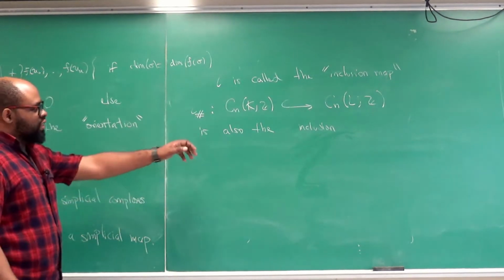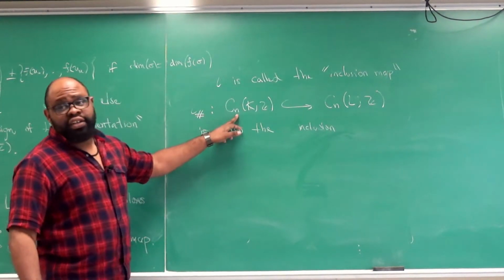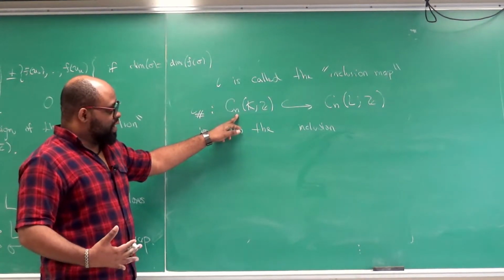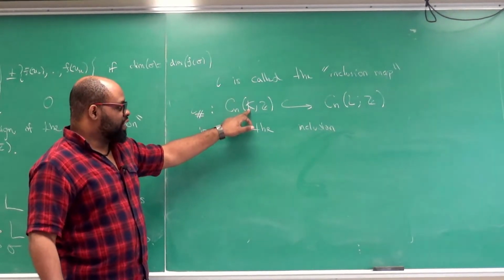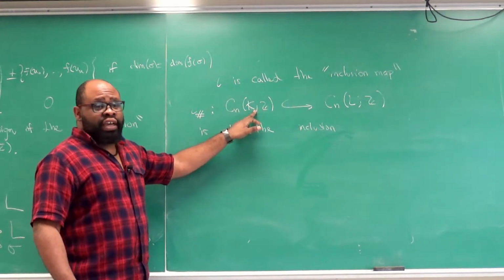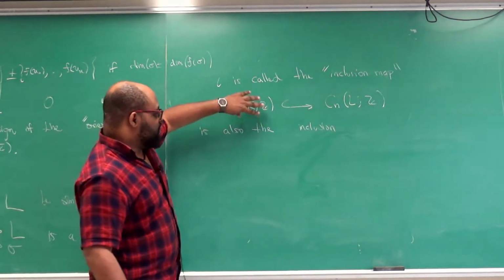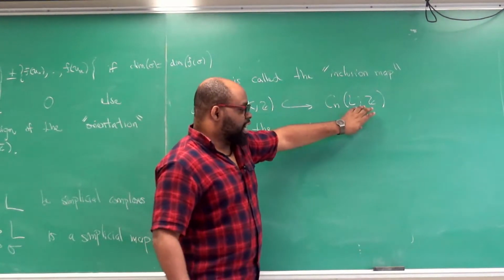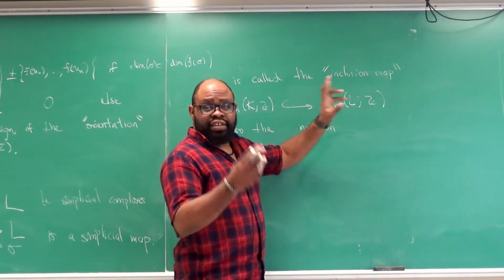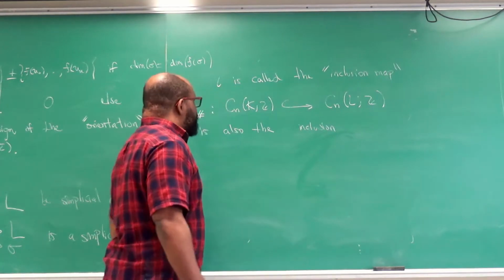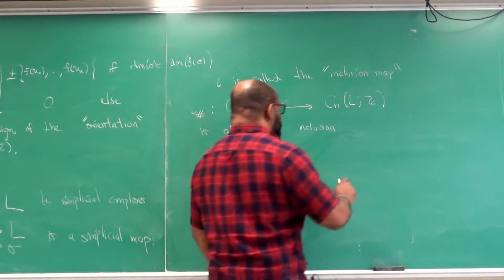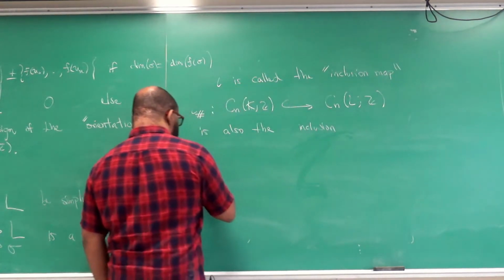In the sense that, what are the guys that I have in here? Those are n-chains whose simplices live in K. And since everything that lives in K also lives in L, and the map is the inclusion, then this is sending an n-chain to the same n-chain. In that sense, that is the inclusion. So that's sort of the simplest example we can have.